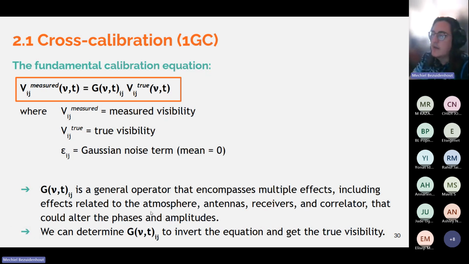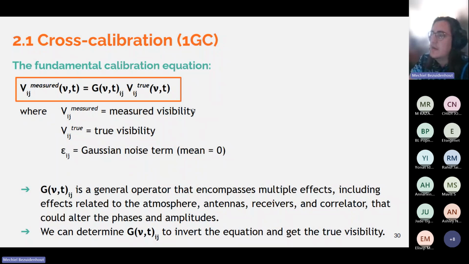And we can determine this G solution to invert the equation, and then get back to the true visibility. So we observe a source with known true visibilities, use that to measure the G solution, and then transfer that G solution to our observation of the source that we are interested in, and use that to get back to the true visibilities of our source.